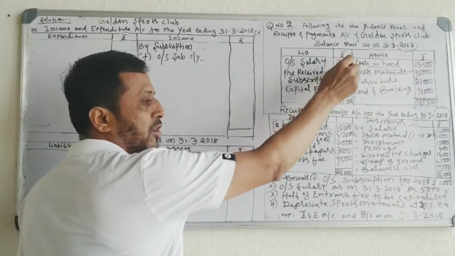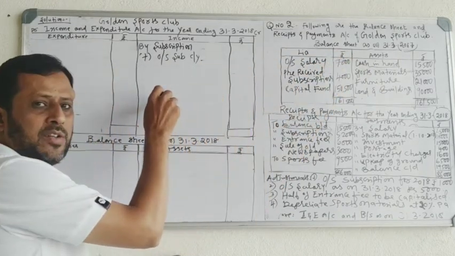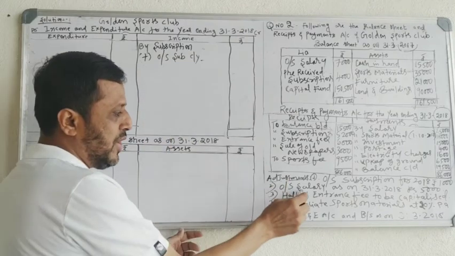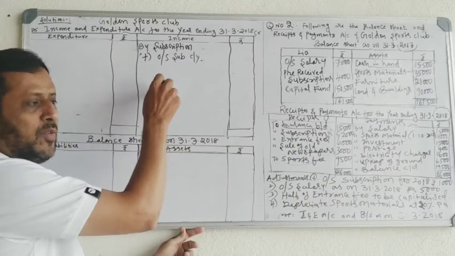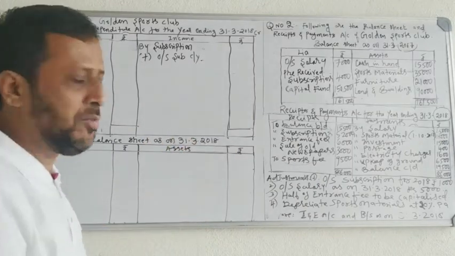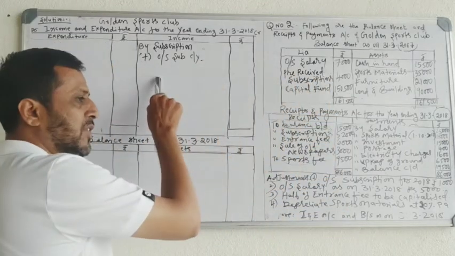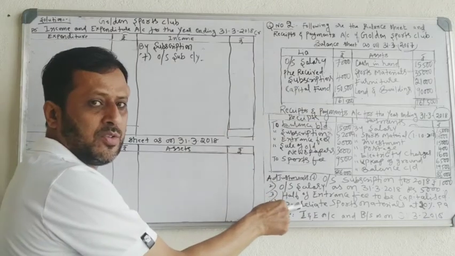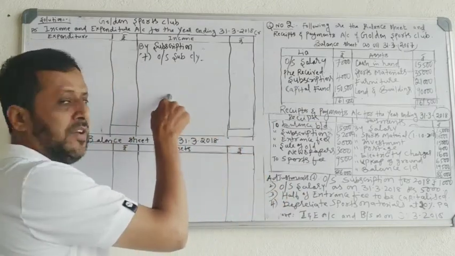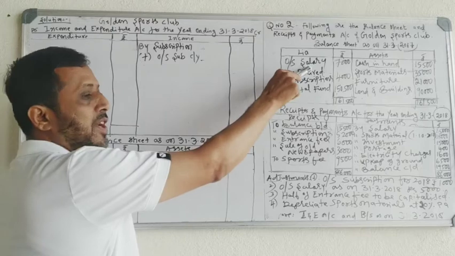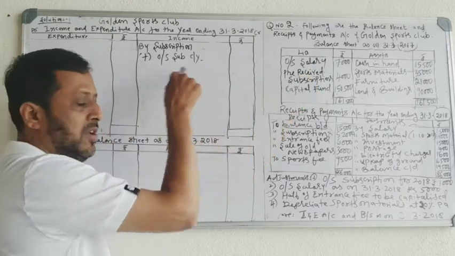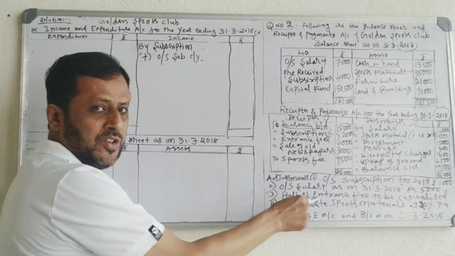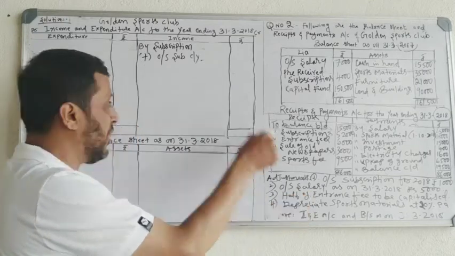Outstanding items of the current year given in the adjustment you have to add. Okay. So outstanding items given in balance sheet minus, outstanding items given in adjustment add. Outstanding items given in balance sheet means last year outstanding minus, outstanding items given in adjustment means current year outstanding add.